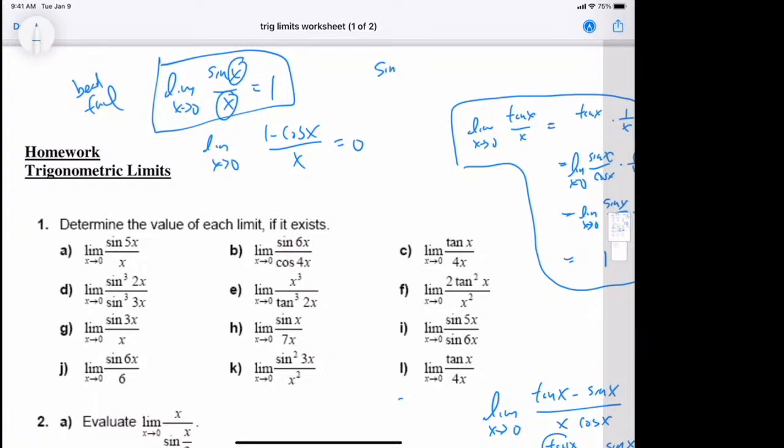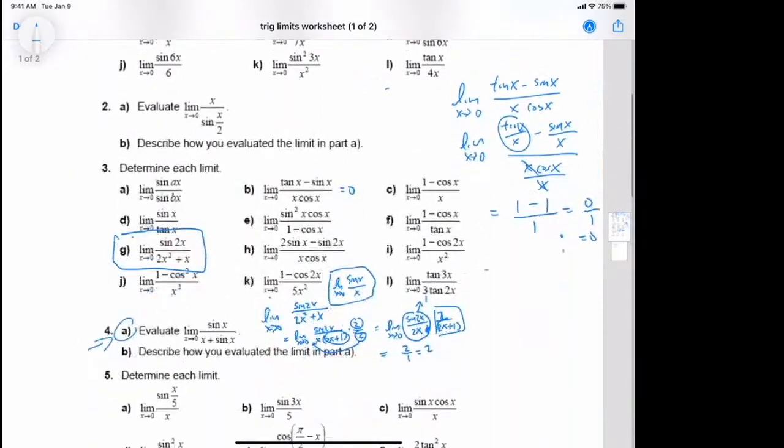So if you have sine of 2x over 2x, limit x approaches 0, you could have said 2x is equal to y. So it'd be limit y approaches 0 of sine of y over y, and that's just equal to 1. That's according to the trig definitions. Now, of course, later on you're going to use L'Hopital's rule. It's going to be much easier. But today I really want to train you to work with identities and understand trigs.